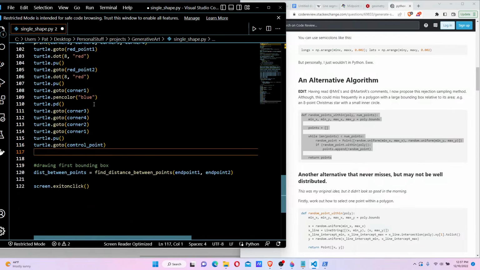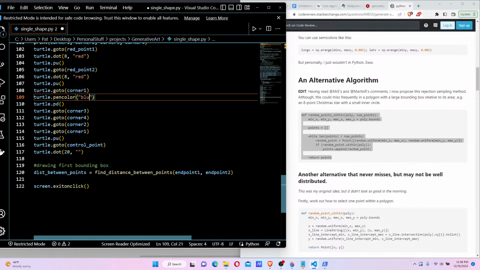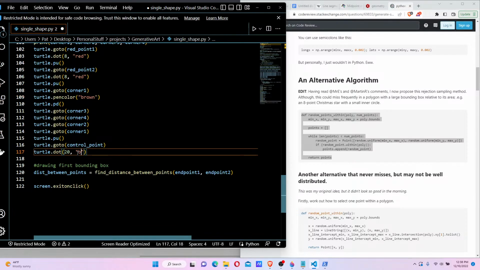Turtle.dot, 20, and so we'll make that brown. That should be blue.